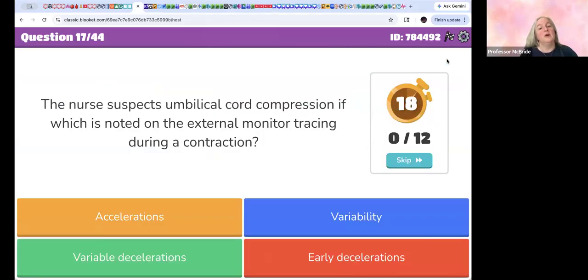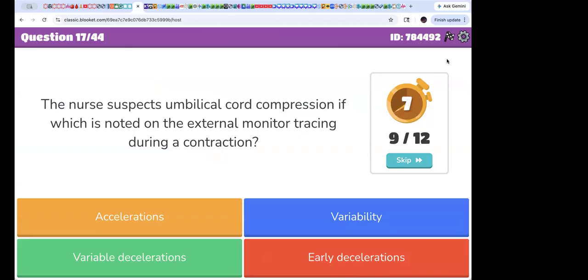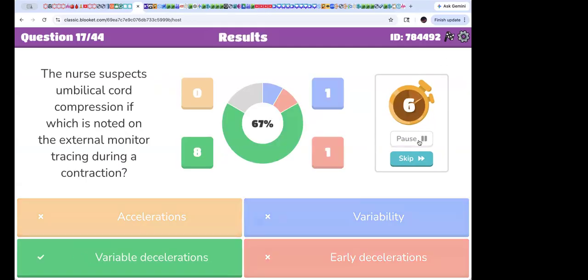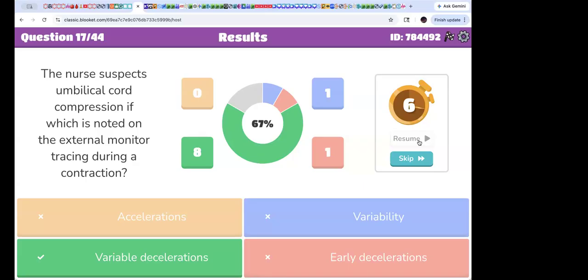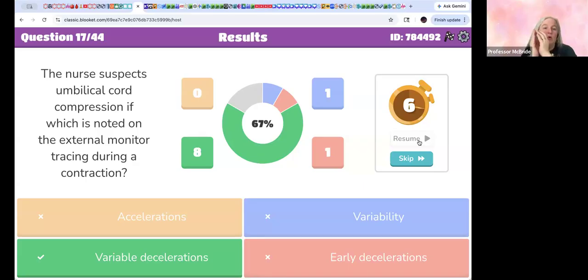The nurse suspects umbilical cord compression if which is noted on the external monitor tracing during a contraction? If we have cord compression, that's the C. That's why I said if you write the word VEAL and the word CHOP in a line, you can go back and forth and look at them across.